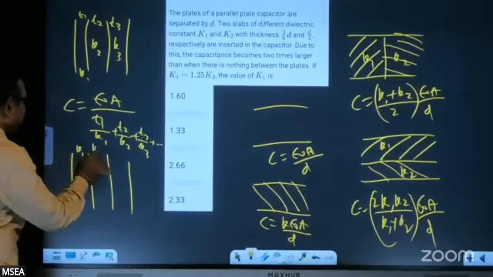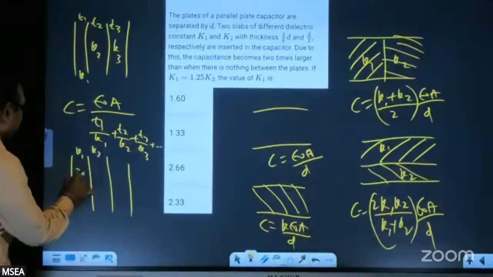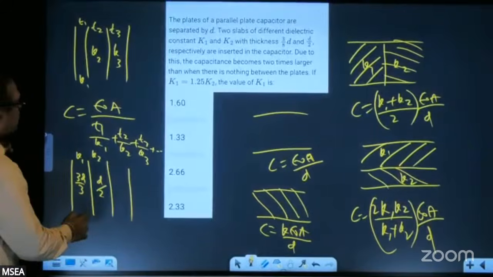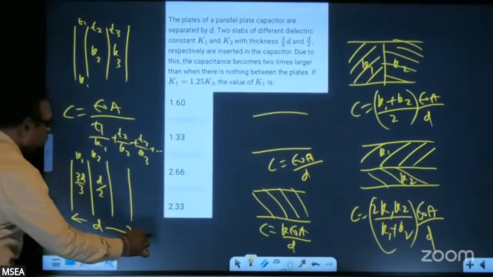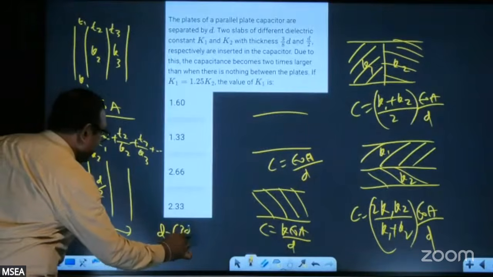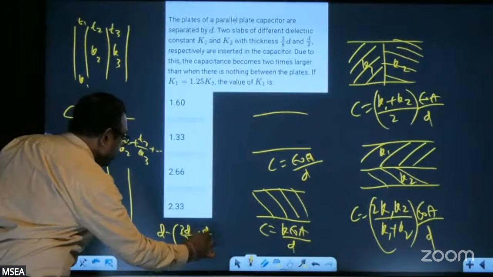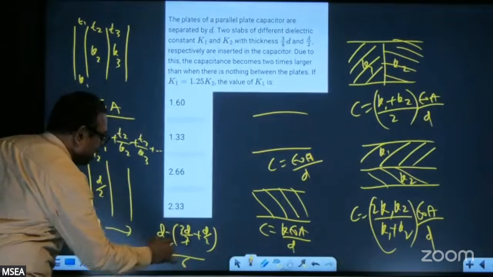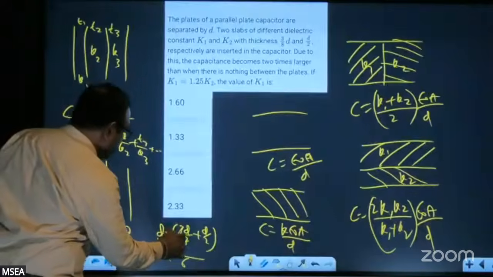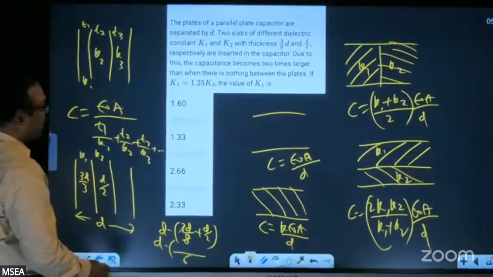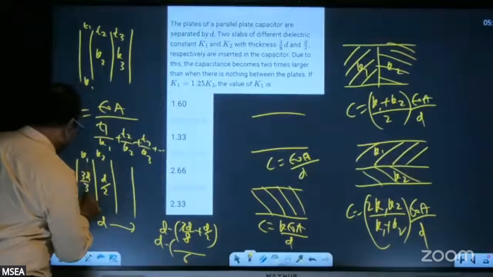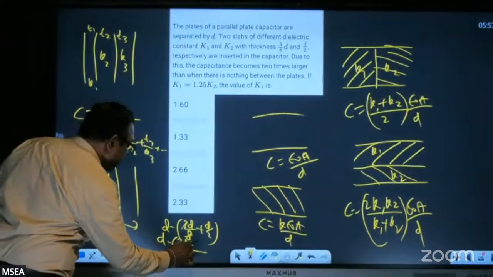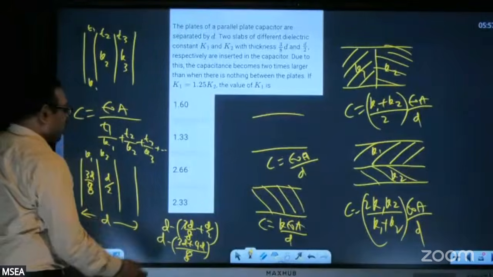This is K1, this is K2, this is 3D by 8 and this one is D by 2, and the total is D. Then the remaining is D minus (3D by 8 plus D by 2). Okay, 3D by 8 plus D by 2, LCM is 8, so 3D plus 4D, which is equal to 7D by 8.